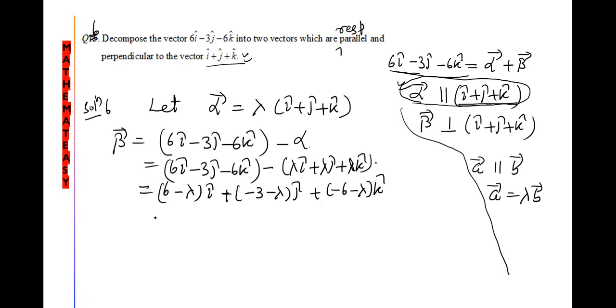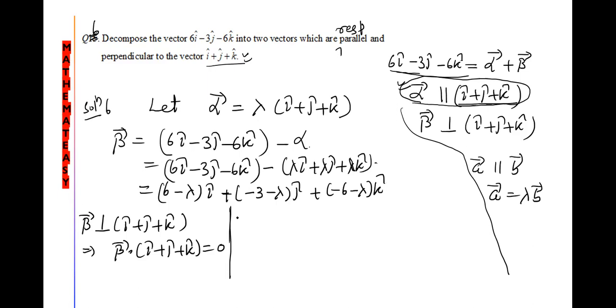Now here you are given beta is perpendicular to i plus j plus k. It means what? Beta dot i plus j plus k equal to 0, because if two vectors are perpendicular, their dot product is 0, right? So beta vector is this and i plus j plus k.